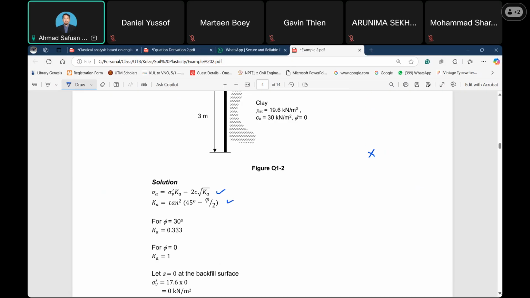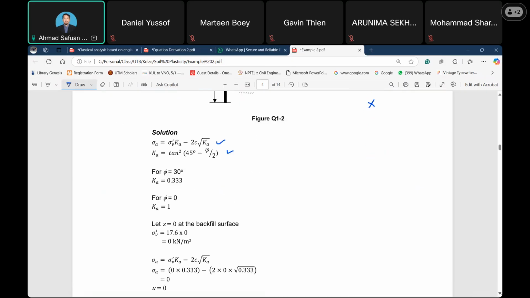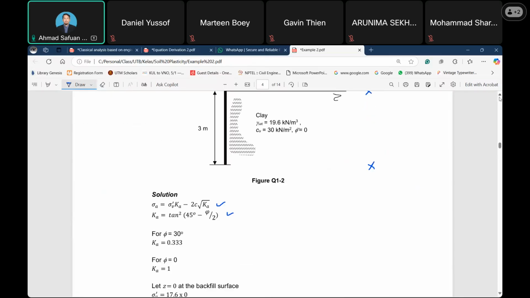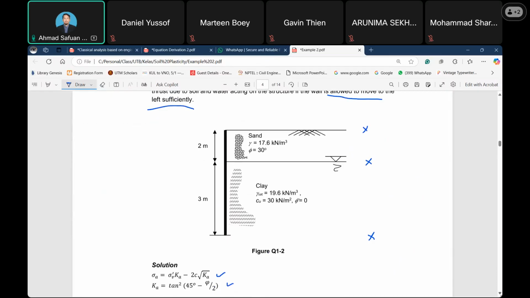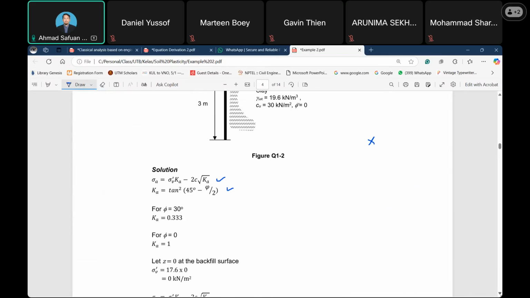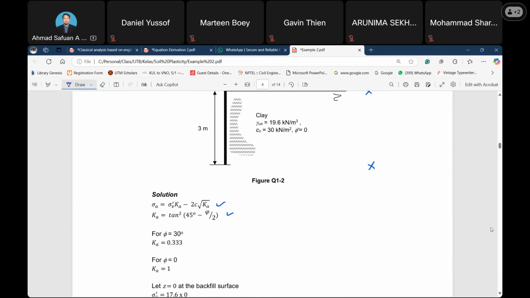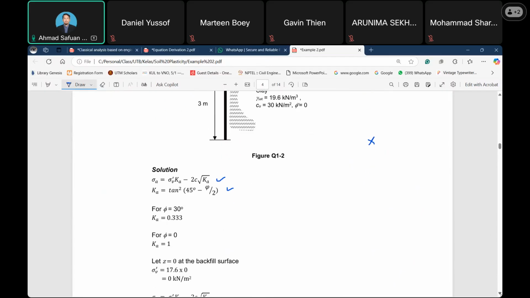Z is equal to 0. For KA, the same value, the KA is equal to 1, clear, because the phi is equal to 0.